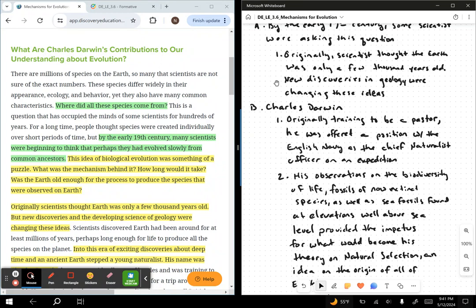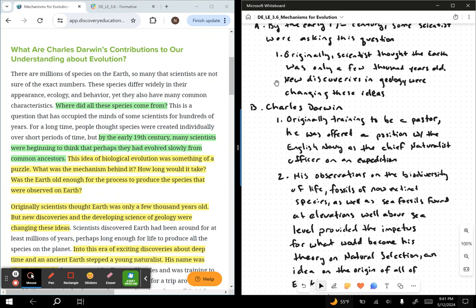He was offered a position with the English Navy to be the chief naturalist on, I think the Beagle was the name of the ship, and he accepted the position. He was going to be out at sea for several years, and his job was to observe all the natural phenomena and report back on what he saw.